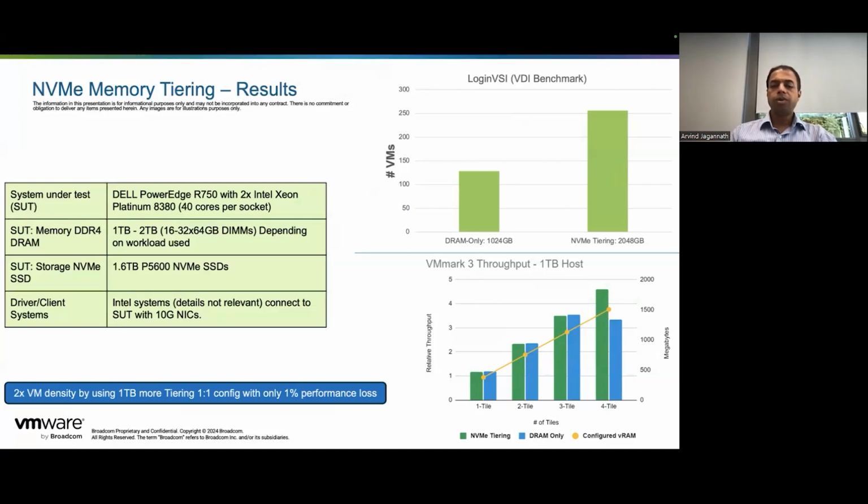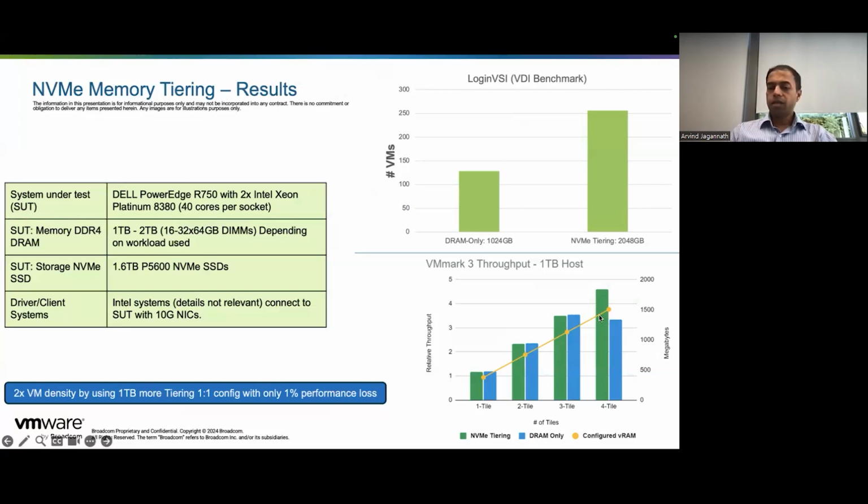These workloads are unified together, and they can be deployed as an instance. So what happens is, as you deploy NVMe tiering with a certain amount of tier size, you will see that the number of tiles, or the number of VMmark bundles, can also be scaled up.